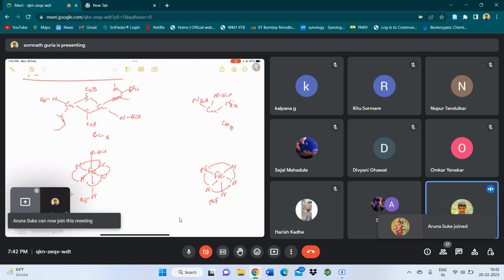Okay, and this subunit A plays the electron transfer role. Sorry, I will change the color to different colors.